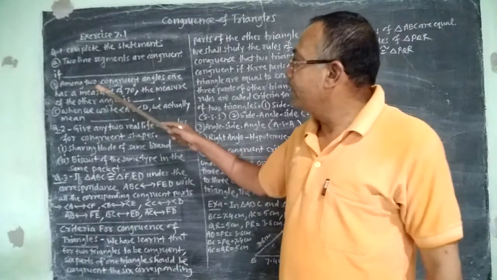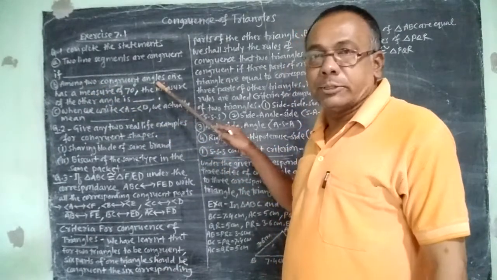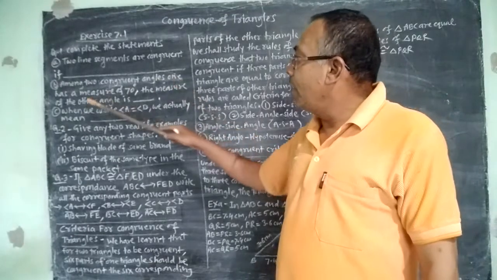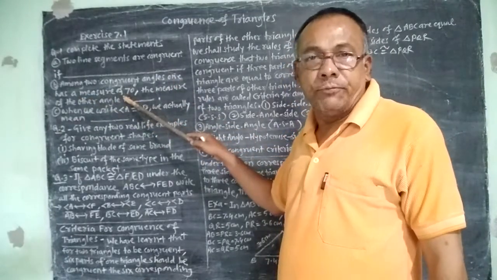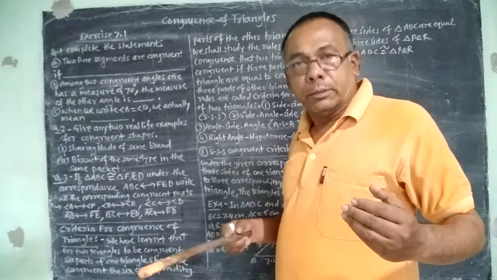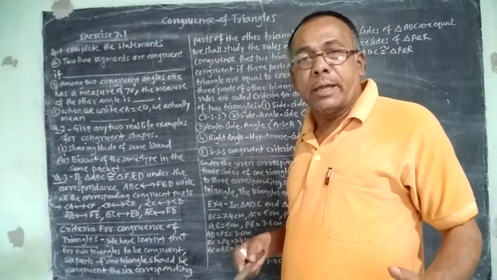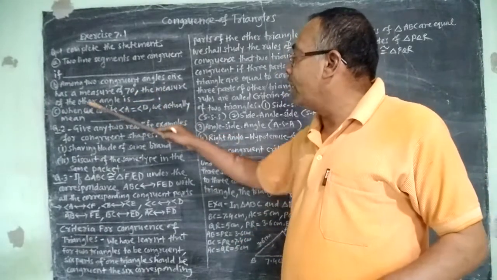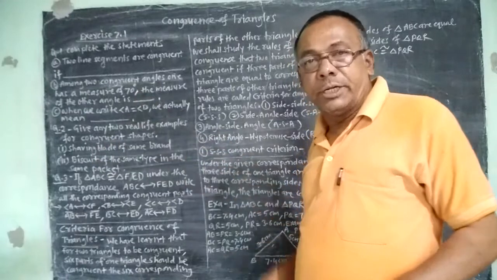Here it is given that the angles are congruent, and one has a measure 70 degree. If one angle is of 70 degree, then automatically the second angle must be of 70 degree. So the measure of the other angle is 70 degree.